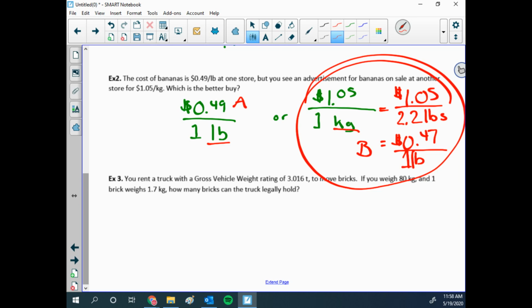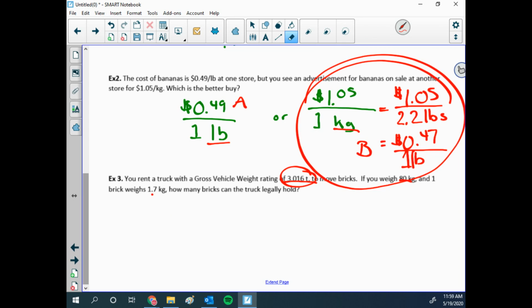Okay, last one. It says you rent a truck with a gross vehicle weight of 3.016 tons to move bricks. If you weigh 80 kilograms and a brick weighs 1.7 kilograms, how many bricks can the truck legally hold? All right. Well, we have to do a few conversions here. First of all, this is in tons, and everything else in this question is in kilograms. Because I have more units here in kilograms, I'm just going to convert this to kilograms. So I'm looking to go from tons to kilograms.